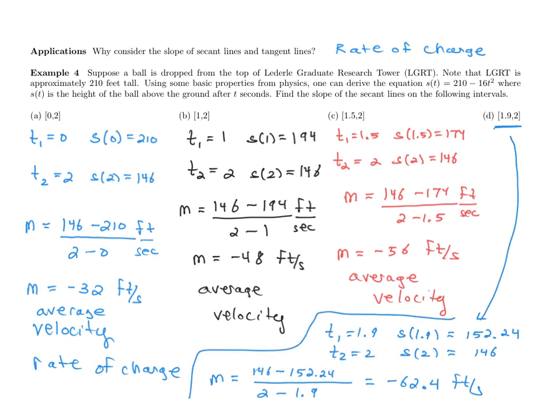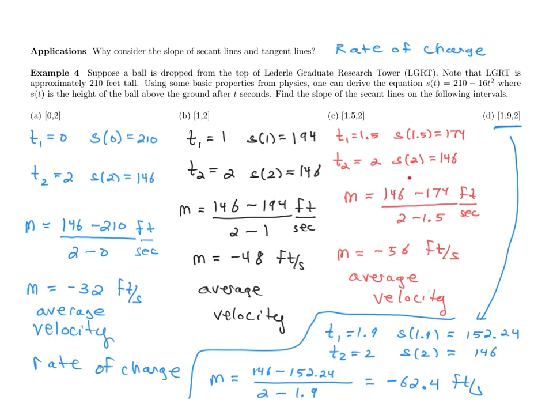So here we go. We just found 4 average velocities, average because they happened over an interval of time. So if these are all average velocities, can we find how fast the ball is going at an exact moment? These were all over intervals, but what if I wanted to find the velocity at exactly the point 2?